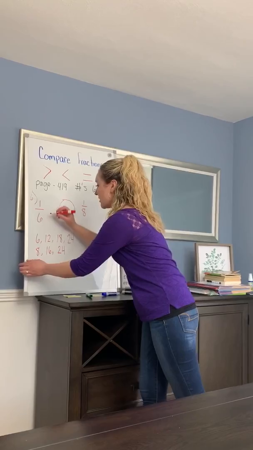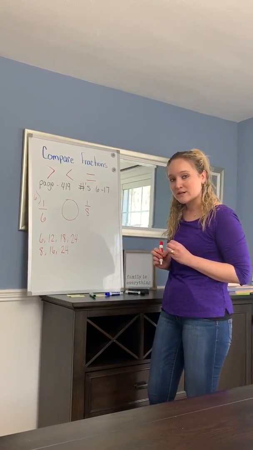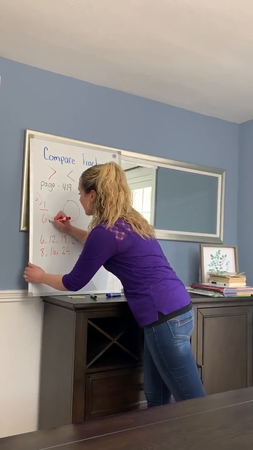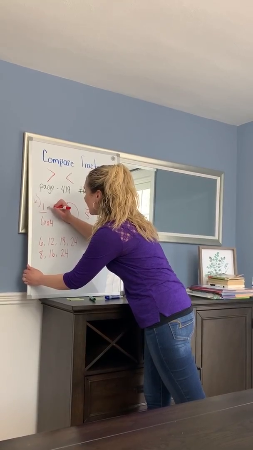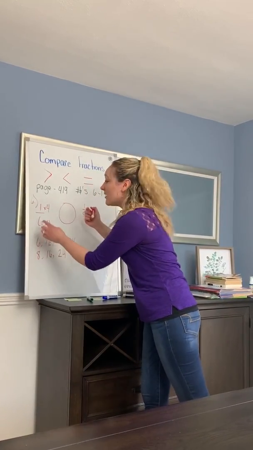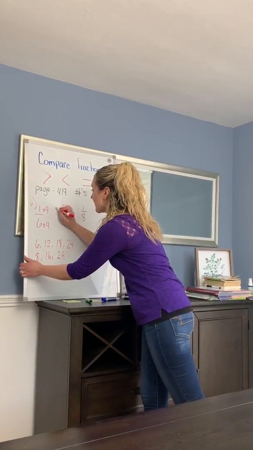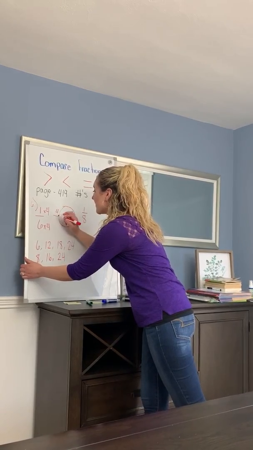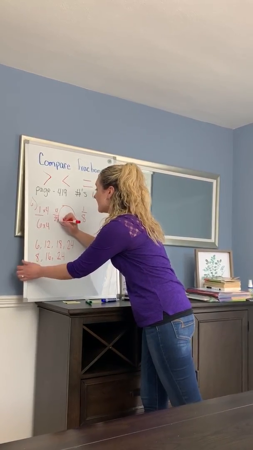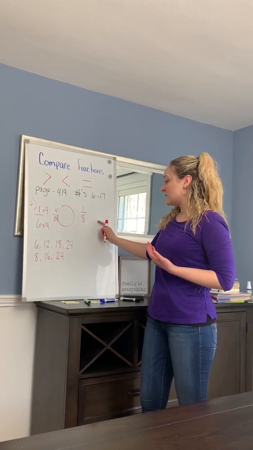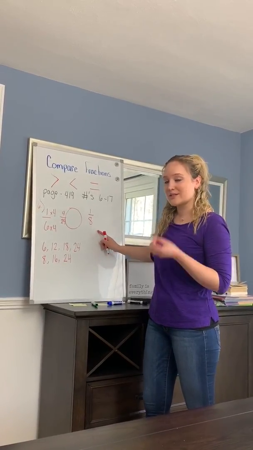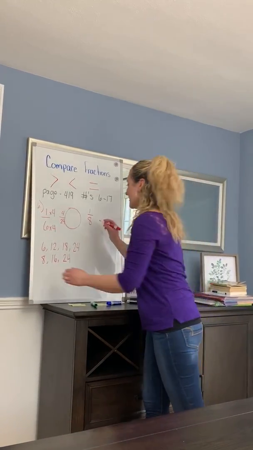So you say to yourself, 6 times what is 24? 4, correct. You do it to the bottom, you must do it to the top. Might as well do it right now. 1 times 4 is 4. 6 times 4 is 24. Let's do this one. 8 times what is 24? It's what? 3. Perfect.